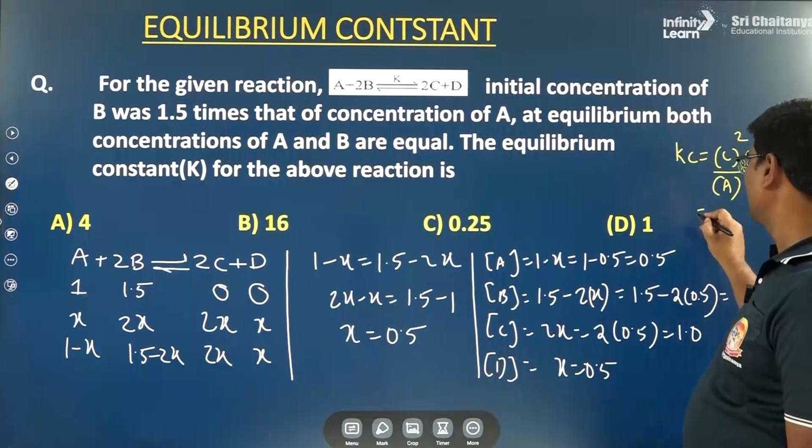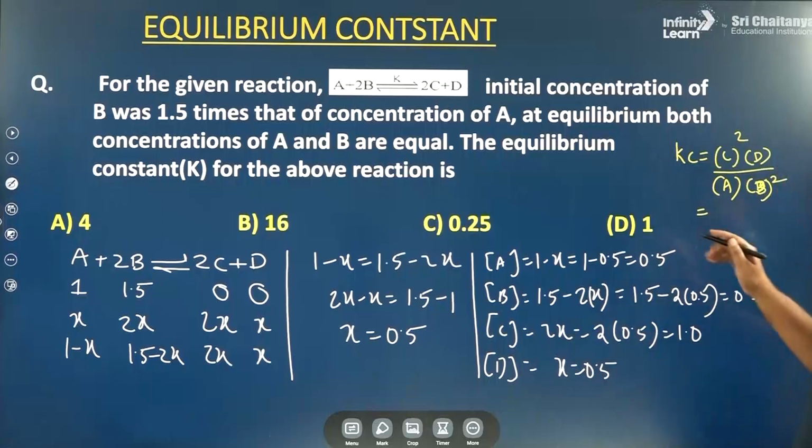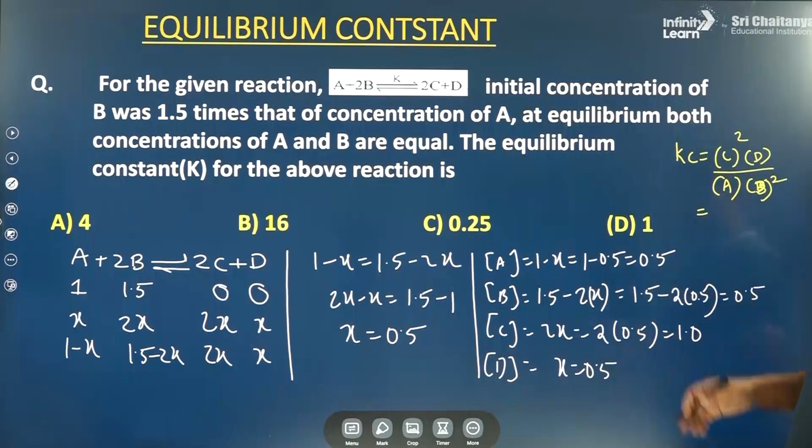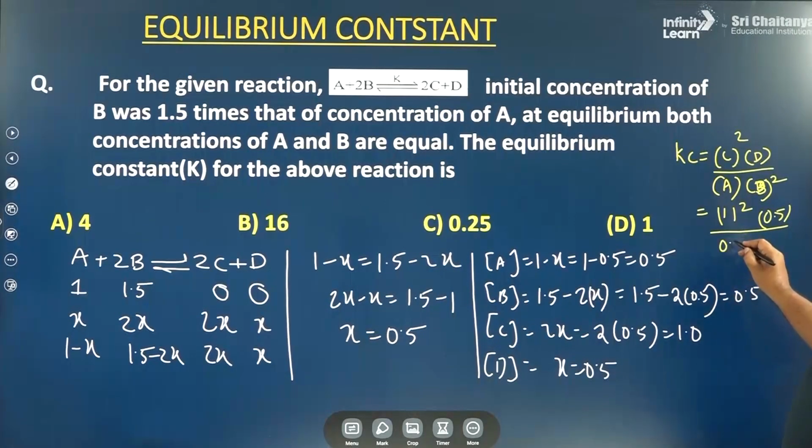If you substitute all the data, what happens? Let us see. Concentration of C is how much? It is 1 squared. Concentration of D is 0.5. Concentration of A is how much? It is 0.5, and concentration of B is 0.5 squared we are going to get.